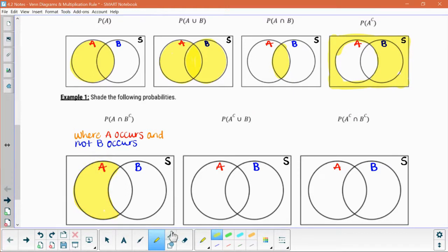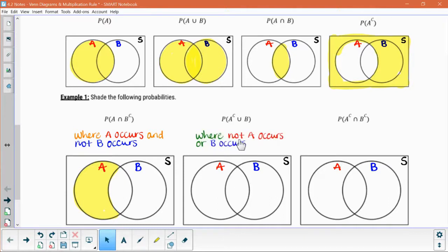For my second example, I have the probability of A complement, so not A or B. So where not A occurs or B occurs. So not A, remember we did it over here, is everything outside. And we want to know or B, so basically I'm going to shade the same area as I did up above.